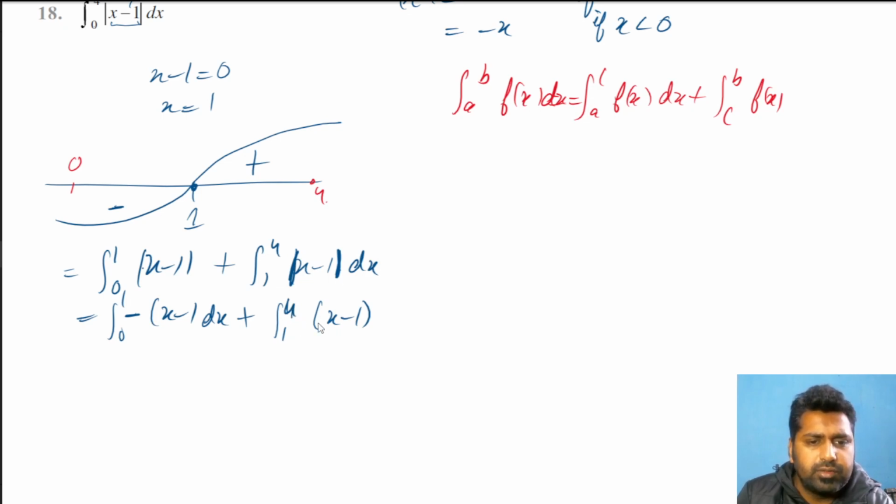So one mod we have opened with positive, one mod we have opened negative. The reason is that mod is changing sign in between the integration limit.